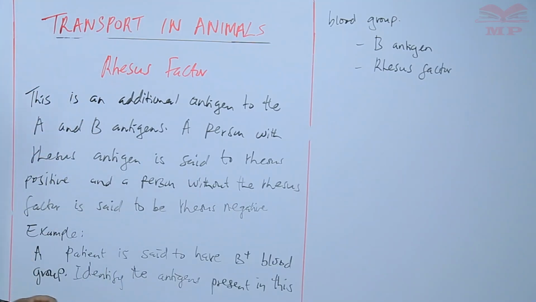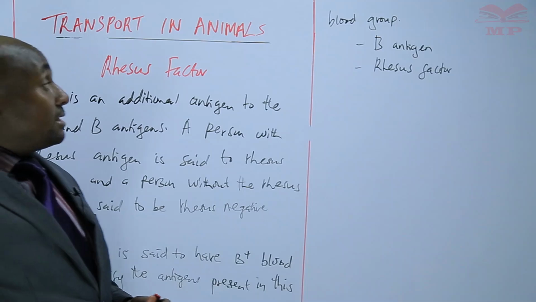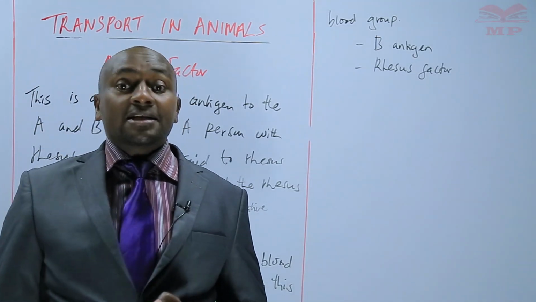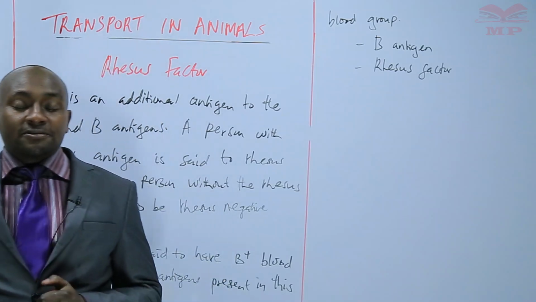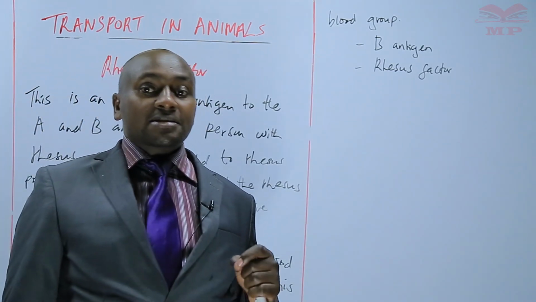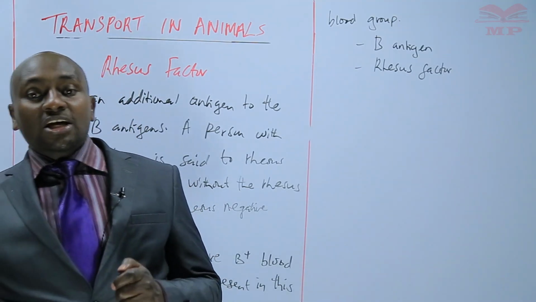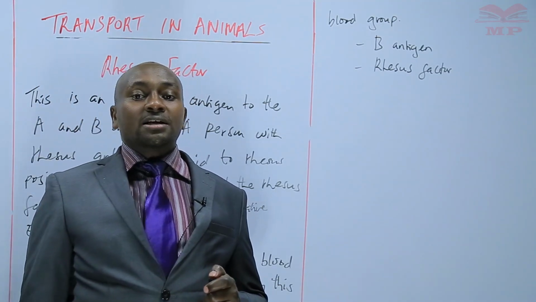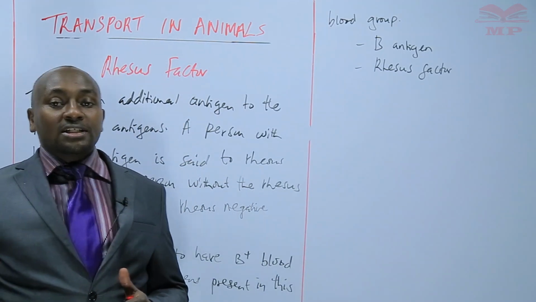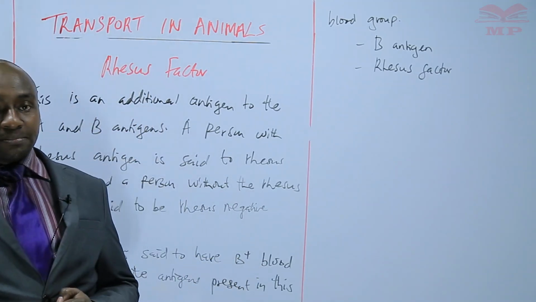Another example that we may have here is if a mother is Rhesus negative and the child happens to be Rhesus positive, then that shows that there is incompatibility occurring.